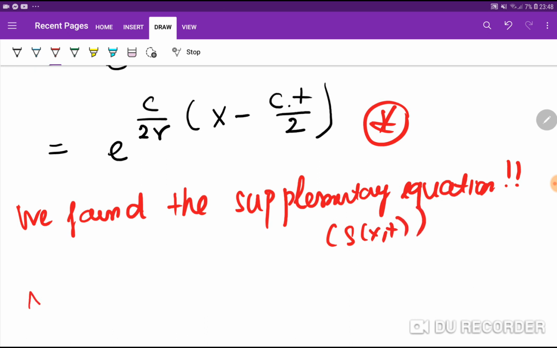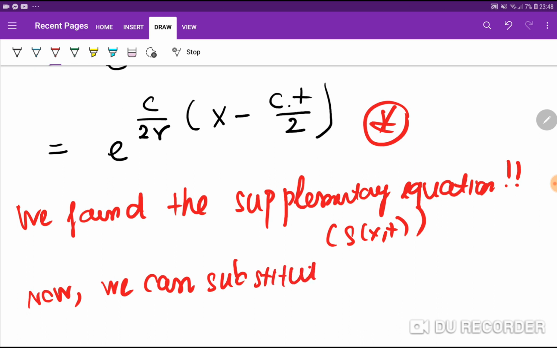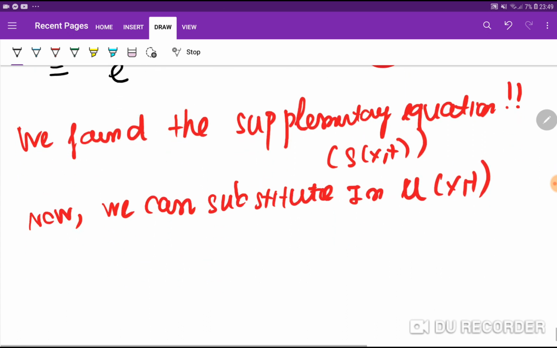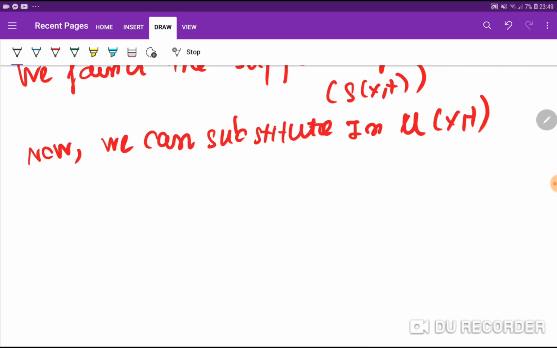Now we can substitute in and find u of x and t. So what is u of x and t now? If you solve this problem, if you present it at a conference, if you are teaching your peers, or you discuss the homework with your friends, this is what you say.